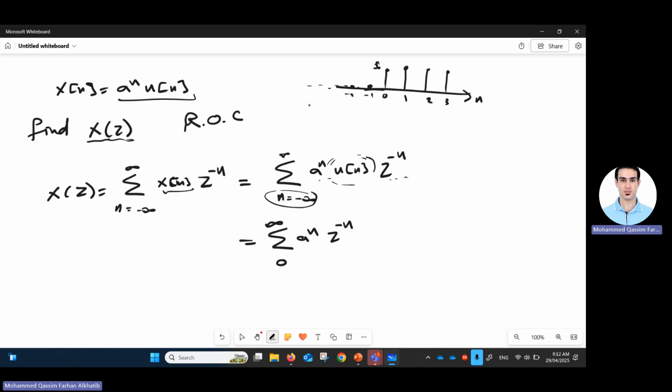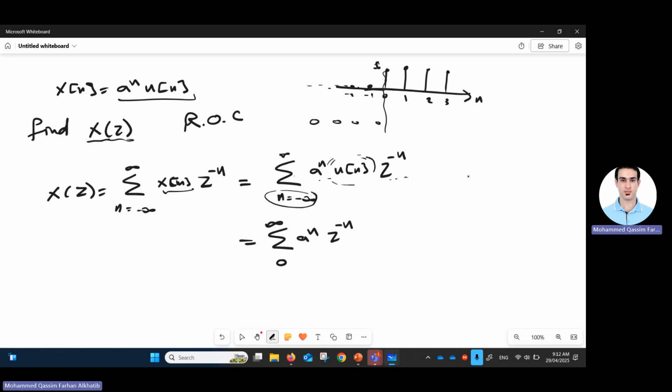However, from minus infinity to 0 I have no values because the unit step function is zero. So here, basically, I'm summing 0, 0, 0, 0, then I'll start having values after this point. So the limits of this summation change from negative infinity to infinity into 0 to infinity.